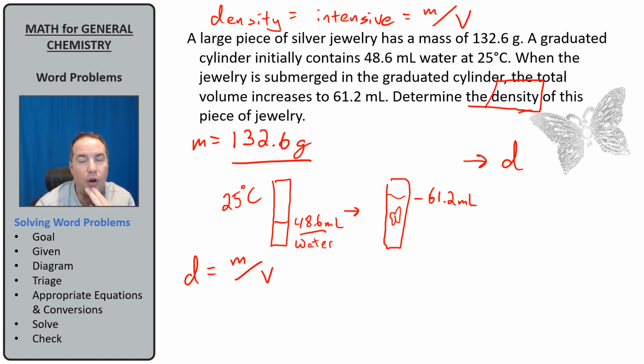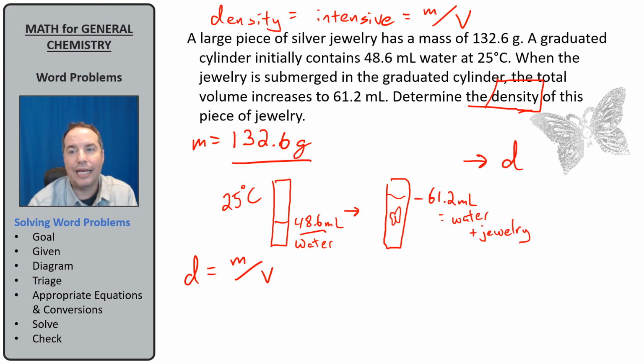Whereas this 61.2, this is the volume of water plus that jewelry. So what we're looking at is the water plus the jewelry minus the water. That's going to give us our volume. So our volume in this case is 61.2 minus 48.6 milliliters.